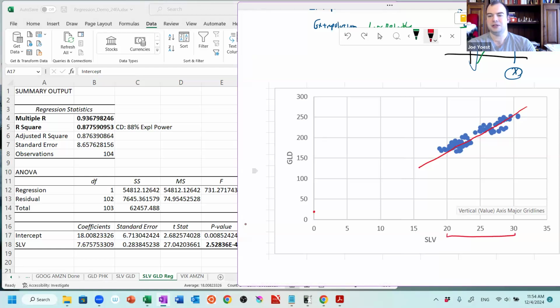So I go over 10 units here, I'd go up 75 units, from maybe 175 to 250, right? That looks like I'm right about on there where I drew my line originally. That looks very close to what I actually got for these slope and intercept. Okay, so I'm quite happy with this model.